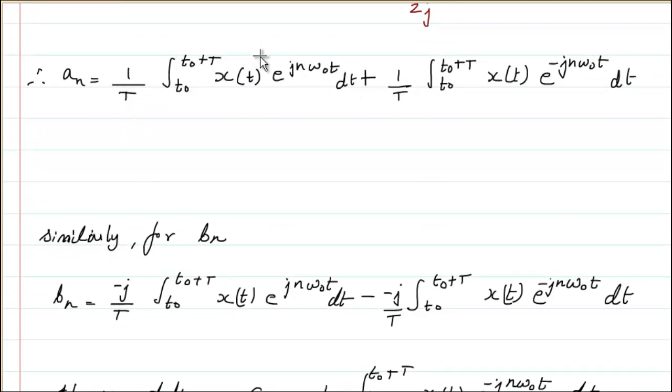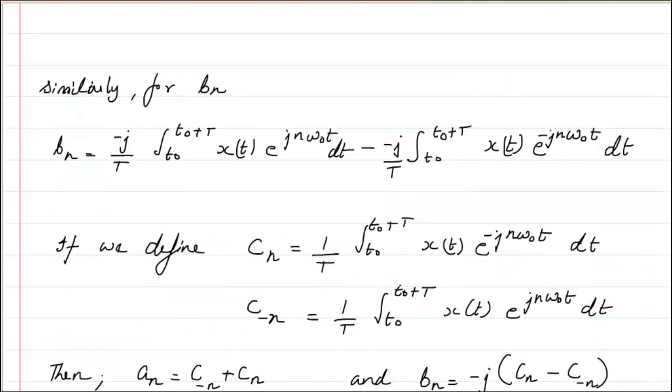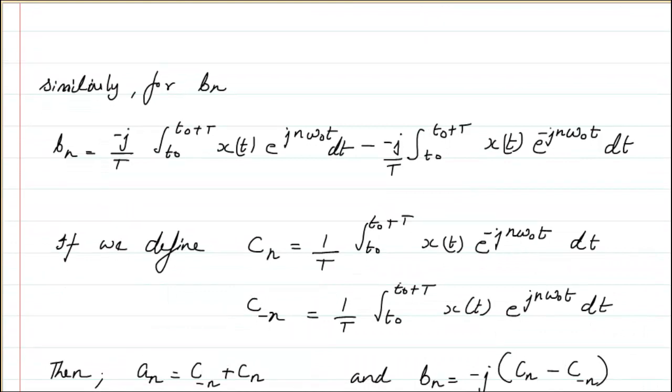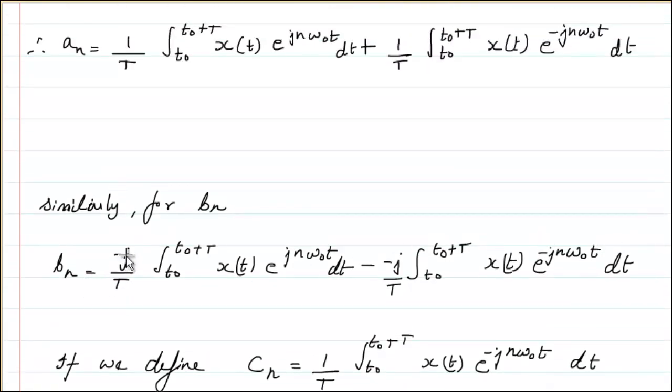So what is a n? A n is going to be c of minus n plus c of plus n, correct? And b of n can similarly be written as minus j, this is c of minus n, and this is minus of minus j, which is again c of plus n.